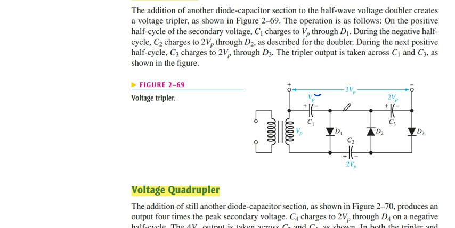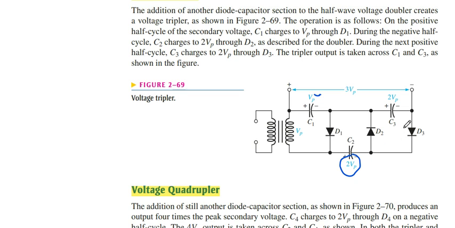So this charges the capacitor to 2Vp, while this charges the capacitor to 2Vp.